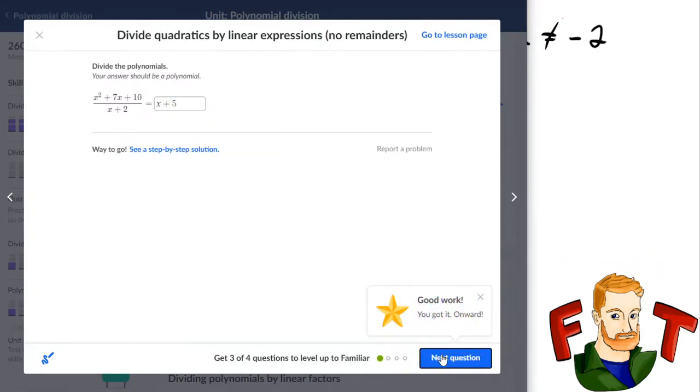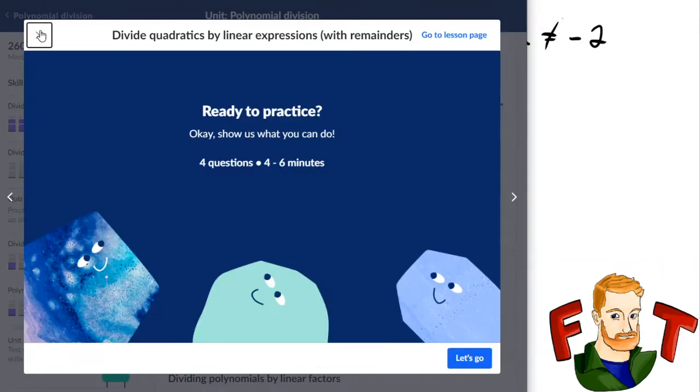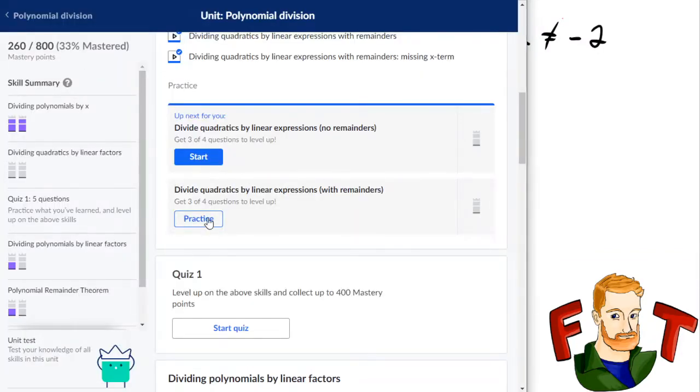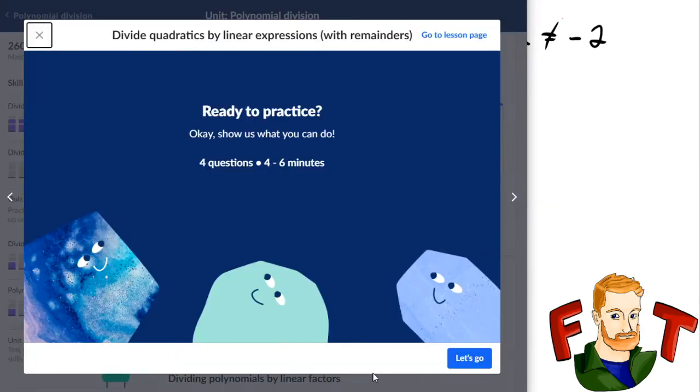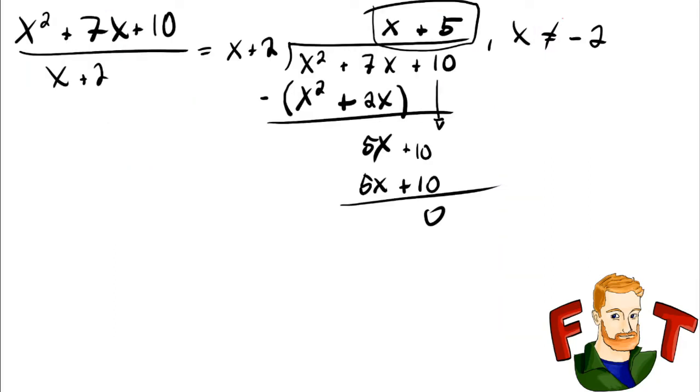Okay, now let's go ahead and do one with a remainder. So this one actually will have a remainder. So x squared minus 2x minus 8. Where's, oh, here it is. So we'll go new layer.